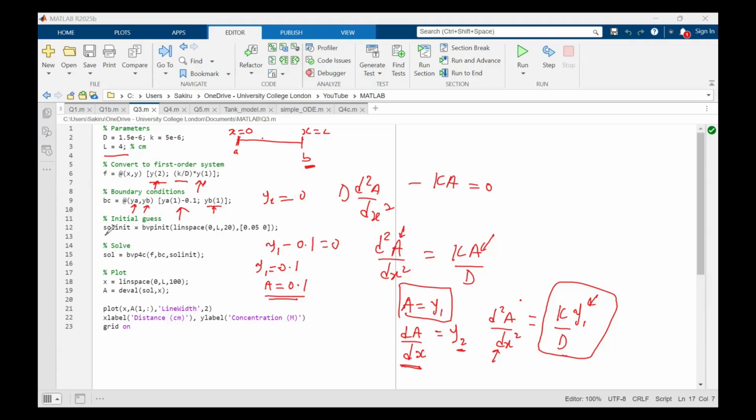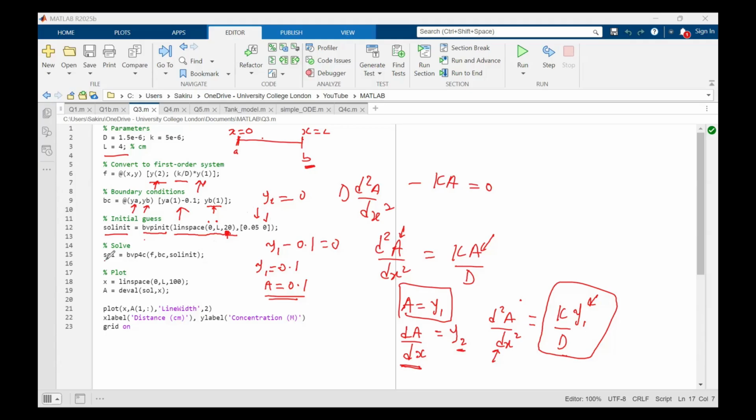Then for the initial guess, you create it by using bvpinit, which stands for boundary value problem initialization. The linspace specifies the starting point, the finish point, and the number of grid points that you have, and then you specify the guess at x at the beginning, at A equal to 0, and then at A equal to 0 for the second variable.